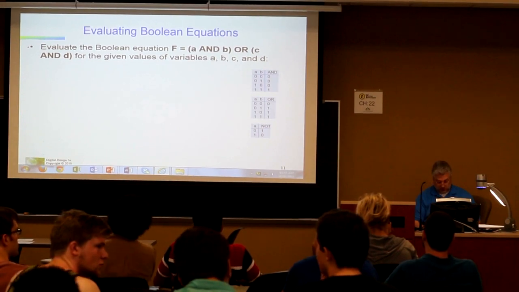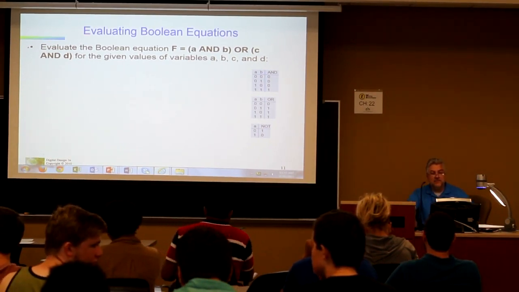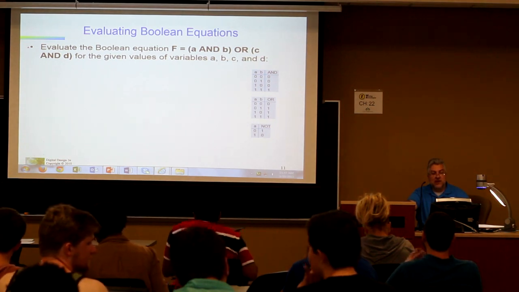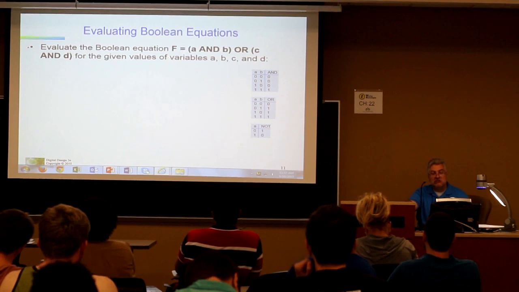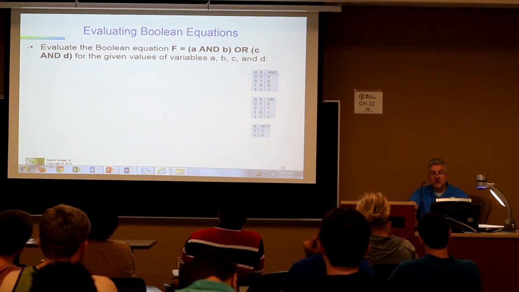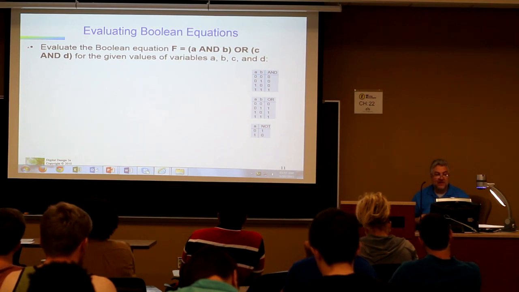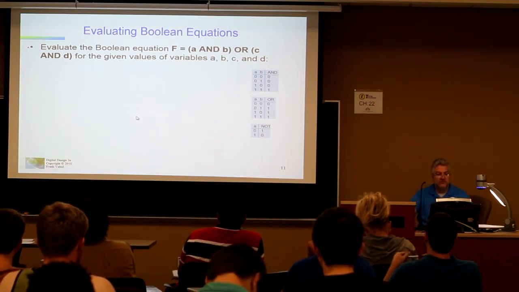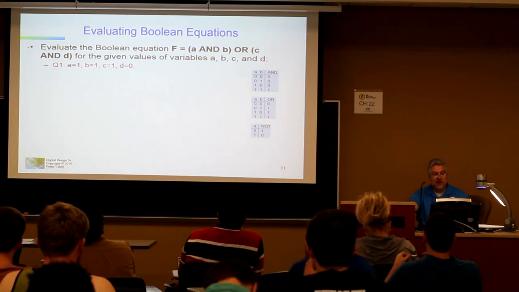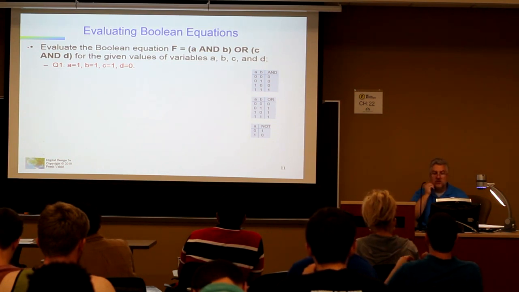All right, so we are back online, and so evaluate the given Boolean equation A and B or C and D for the given values of A, B, C, and D. All right, so if A is 1, B is 1, C is 1, and D is 1, what do you think?